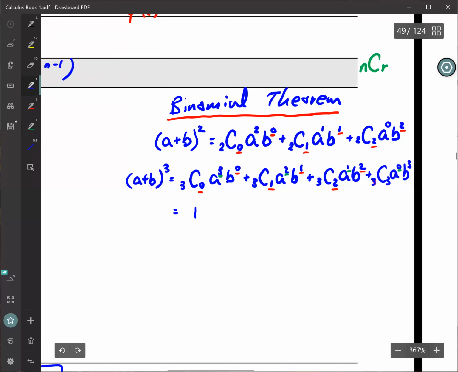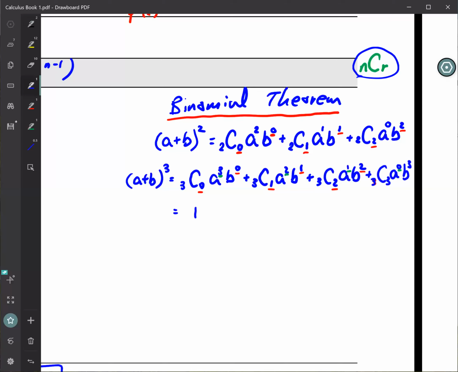Is there anybody who cannot get that? Wait, what am I supposed to do with the calculator? So you type 3, and then press that nCr button, and then type 0, 3C0. And then hit equal. Do you get 1? Okay, yeah.